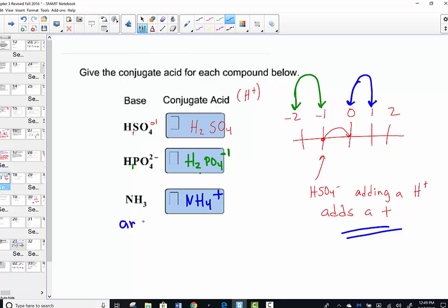Ammonia is NH3. We can see that it has room to accept a proton based on this rich area of electrons here. And what forms then is its polyatomic ion known as ammonium, NH4.